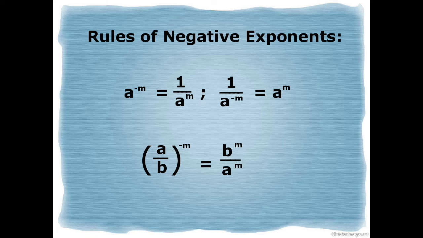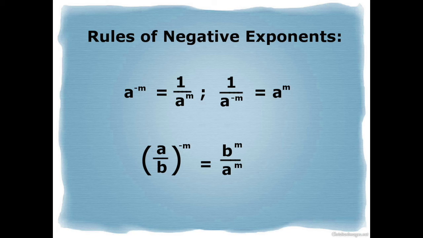Now the second rule is essentially the same rule. It's 1 over a to the negative m equals a to the m. So you take your negative exponent, flip everything, and your exponent becomes positive. Now the last rule, a over b in parentheses to the negative m.